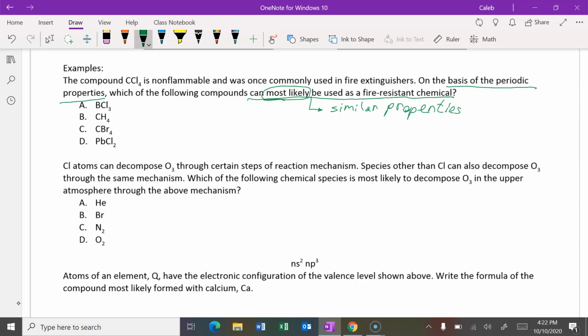So I see that carbon's in group 4A, and chlorine is in group 7A. So we want to find a compound that has something from 4A and another thing that's from 7A, and we should have 4 of those 7A elements. So 7A is our halogens. I've got chlorine with 3, hydrogen with 4.